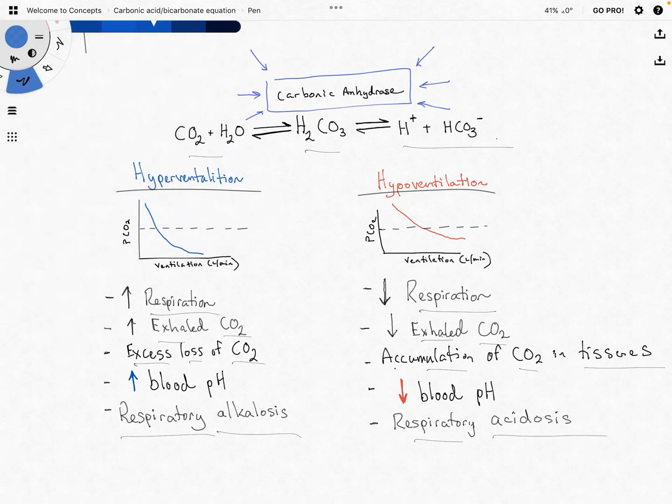We're going to start with talking about hyperventilation. So again, if we're hyperventilating, we're losing too much carbon dioxide. So how would this work? What would we expect?